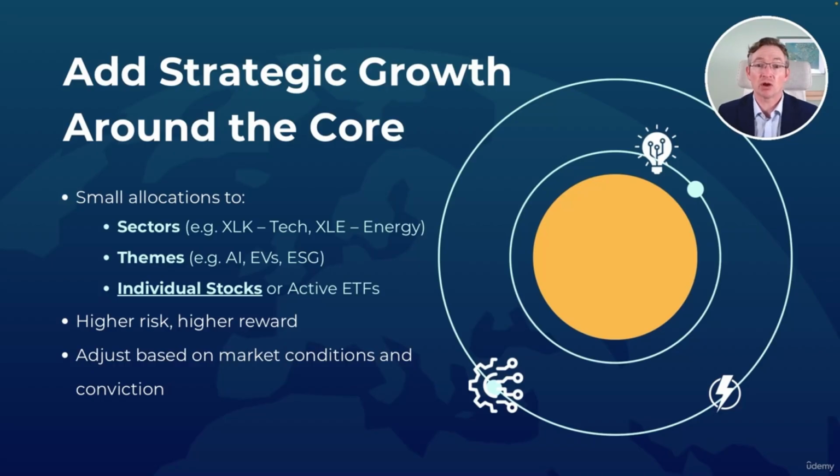If you see upside in those areas, you're anticipating it, you could invest in some of those ETFs. Or you could look at thematic ETFs targeting ideas like AI, clean energy, or electric vehicles. You could also use funds focused on ESG investing or next generation innovation. You might even hold individual focused stocks or actively managed ETFs. If you have specific high conviction ideas, that's where these go.